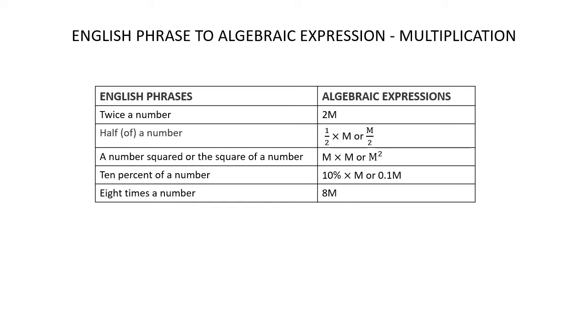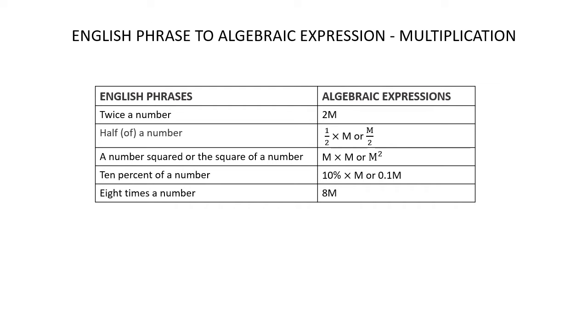Next, half of a number. Let the number be m. Then half of m is written as half multiplied by m, which is nothing but m divided by 2. Next, a number squared or the square of a number. Let the number be m.